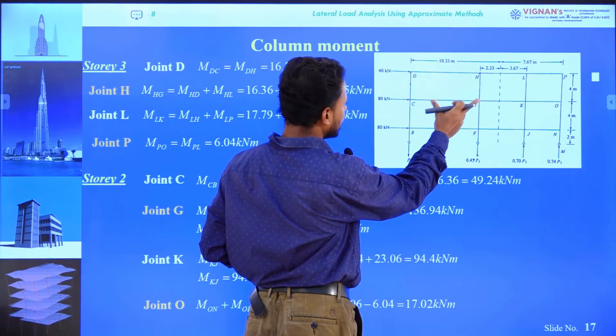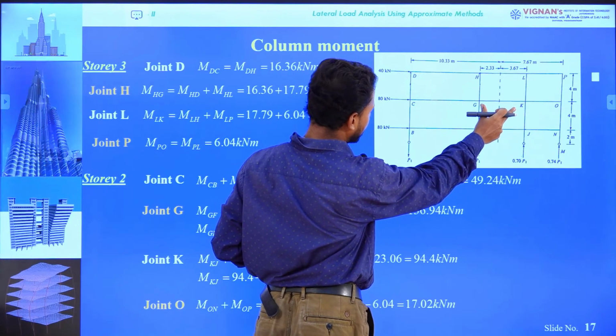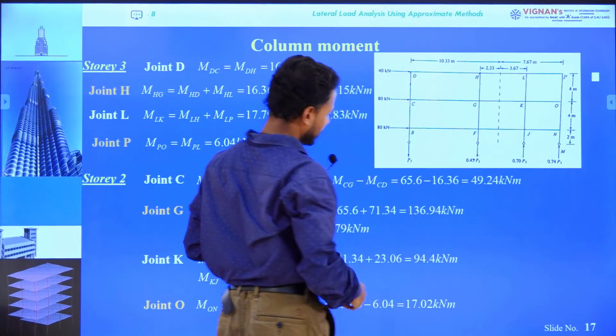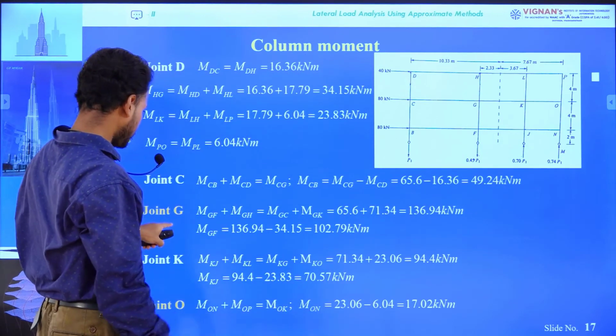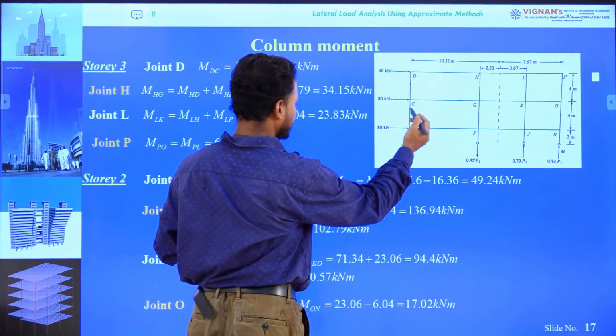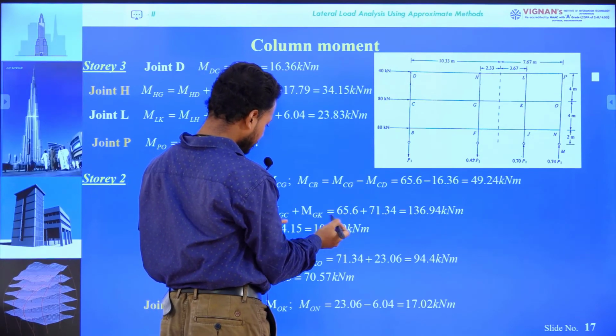Come to G joint. In this joint, how will you calculate? This beam moment plus this beam moment equals this column moment plus this column moment. Now CG you know, GC you know, in the previous slide you calculated GC, put it here.